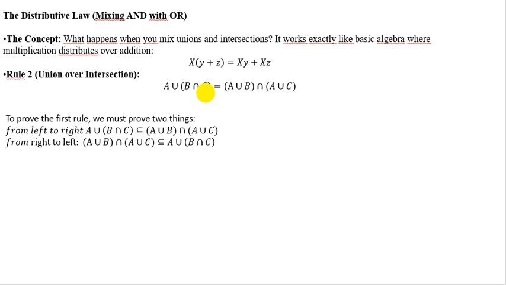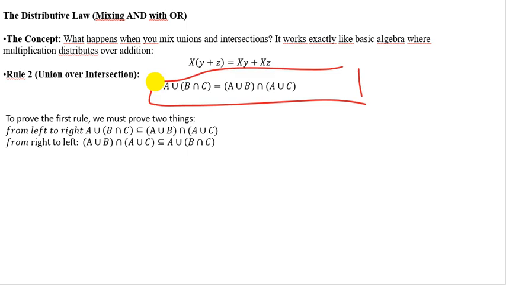So here, if we have A union B inter C, we can also do the same as we did with the intersection over the union. So A union B inter A union C.